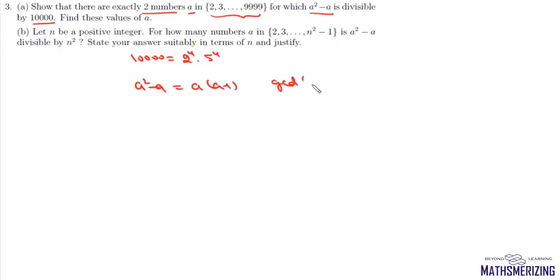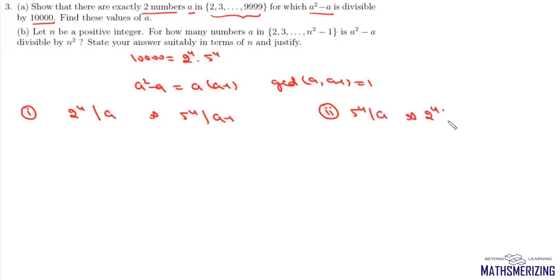Now we know that GCD of a and a minus 1 is 1. That is, a and a minus 1 are relatively co-prime. So we have two cases. Case 1, when 2 to the power 4 divides a and 5 to the power 4 divides a minus 1. And the second case, when 5 to the power 4 divides a and 2 to the power 4 divides a minus 1.